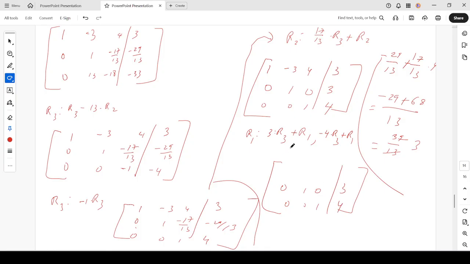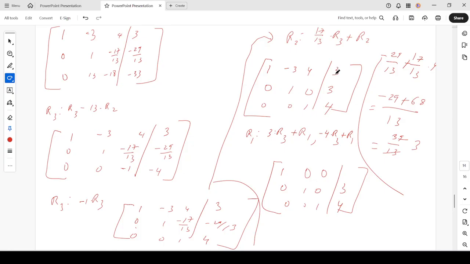For the first one, 1 is not going to change because 3 times 0 or 4 times 0 would still be 0. So this one becomes 0 because of 3 times 1, and this one also becomes 0 because negative 4 times 1 is negative 4, plus 4 is 0. The only change you will see is here.